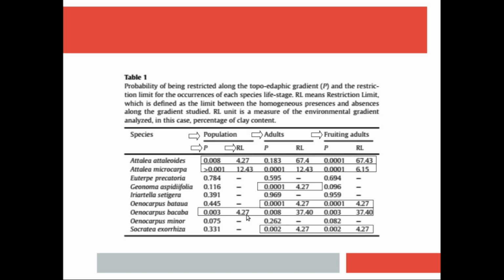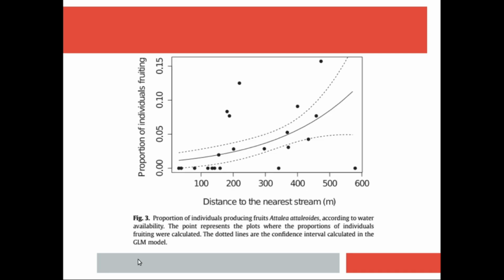So we see here the changing composition of species, that it's really striking, but the striking part is the restriction of the population that actually gives fruits. Okay, so I went further to analyze the influence of the distance to the water and other variables on the proportion of individuals fruiting.